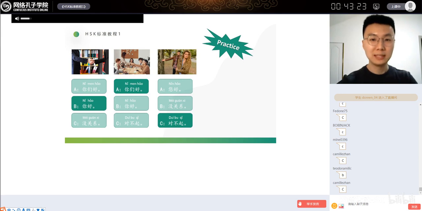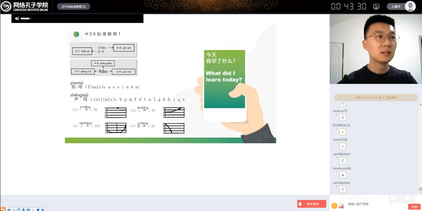Okay, these are what we learned today. We know something about Chinese, and now we have learned 18 韵母 and 14 声母. We know this one is character, 汉字, and 拼音.